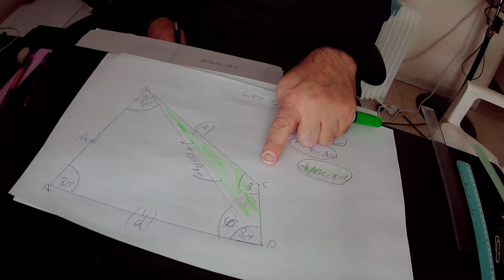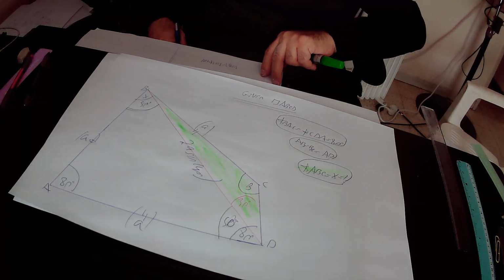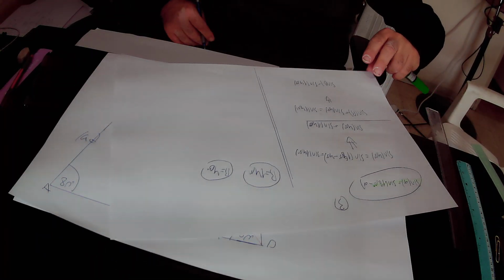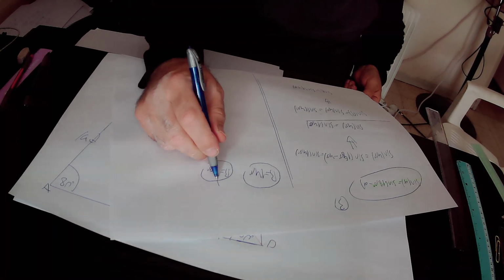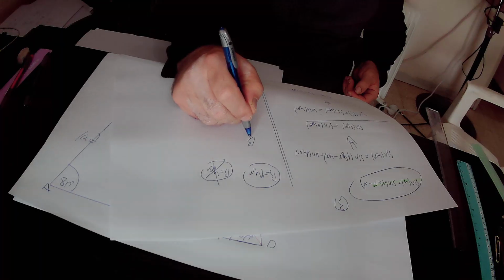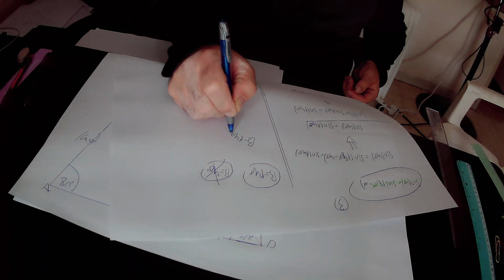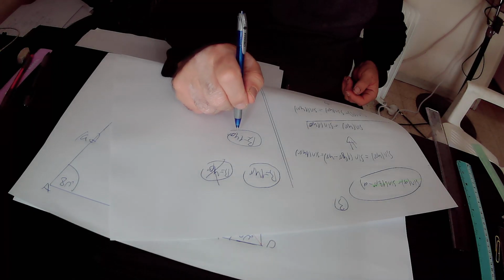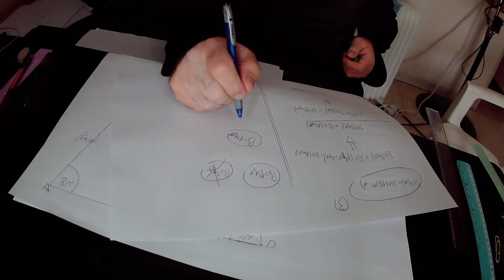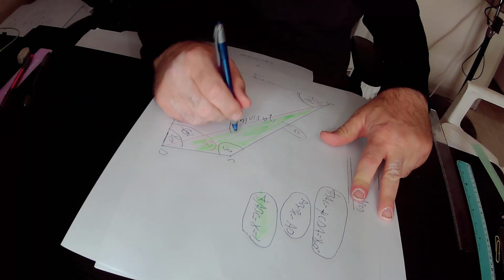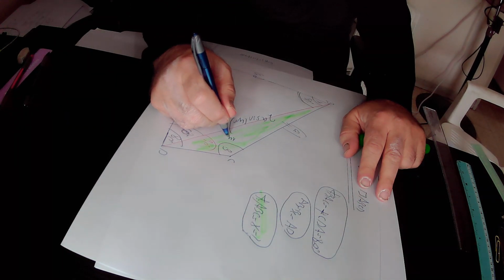If beta is greater than 90 degrees, it means that beta can never be equal to 40 degrees, which is less than 90 degrees. So we discard the first solution for beta, and we take into account only the second solution. Beta equals 140 degrees in its size.